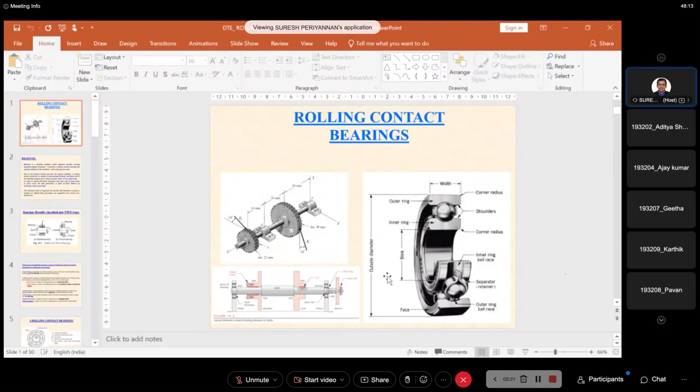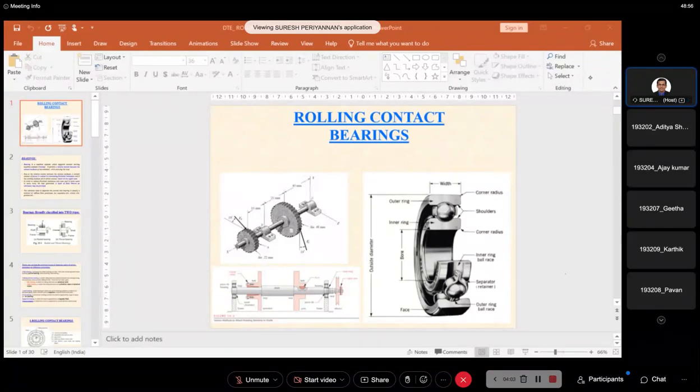Let's recap what we discussed in the last class, then we go to today's class. In the last class, we discussed rolling contact bearings and sliding contact bearings, right? Then the use of bearings and their applications. For sliding contact bearings, we discussed the types: journal bearing, footstep bearing, collar bearing, multi-step collar bearings.